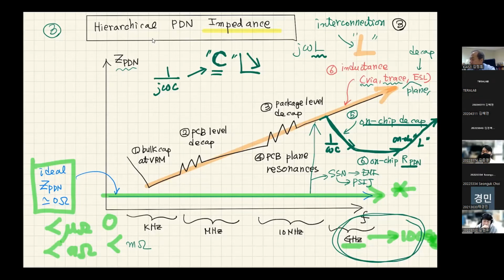Without on-chip decoupling capacitors, your impedance will steadily, continuously increase because of the inductance of your whole system. This inductance is coming from PCB, package, and on-chip. All of them will be added together to constitute this inductance.